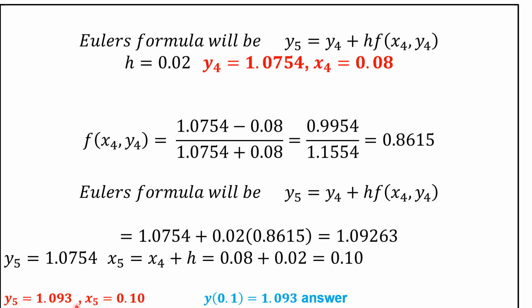It means at 0.1, y is equal to 1.093. In this way, the method can be used to solve this ordinary differential equation. It will be used in the predictor-corrector method also. We will discuss later. Thank you.